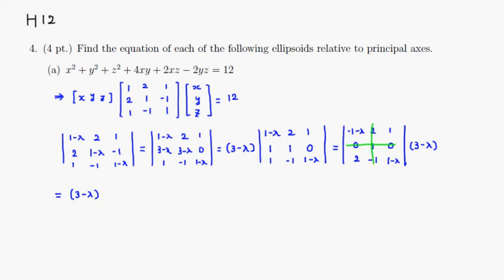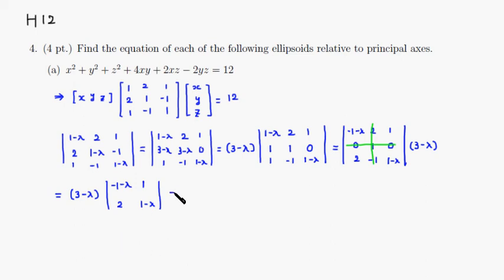So you have a submatrix: negative 1 minus lambda, 1, 2, and 1 minus lambda. And we can compute.